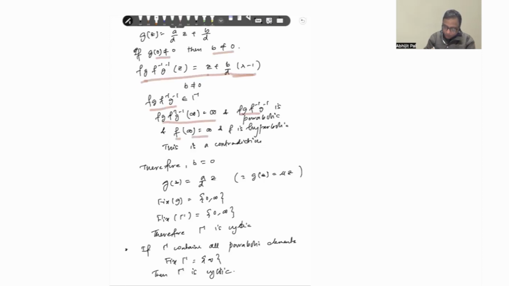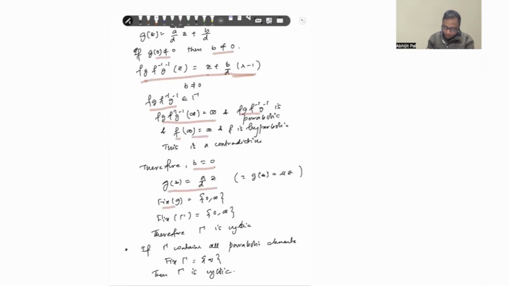This contradiction will prove that b is equal to 0. So therefore g of z will be of the form (a by d)z. Therefore the fixed points of g are 0 and infinity.